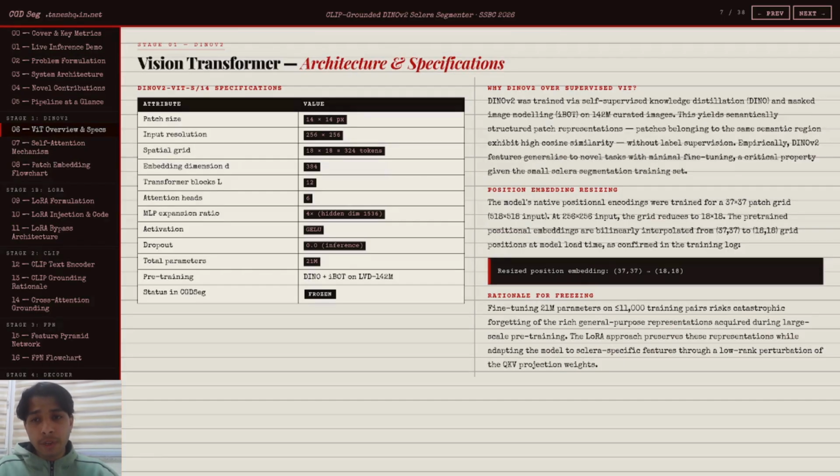Then all 324 patches talk to each other through a mechanism called self-attention, so each patch can incorporate context from the entire image. What makes DINOv2 special is how it was trained, not with labels but by showing the same image in different ways and forcing the model to produce consistent descriptions. This produces patch representations where semantically similar regions naturally cluster together, which is exactly the property a segmentation system needs.